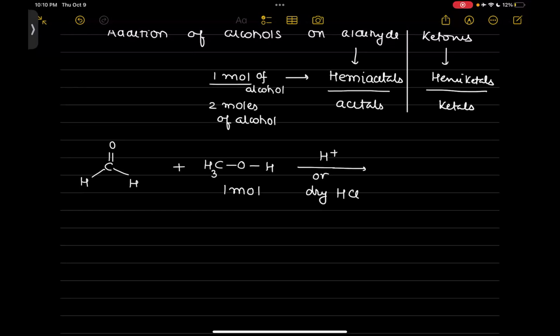So O is always minus and C is plus because oxygen is more electronegative, that we have seen. In alcohol, it is H plus and O minus, because oxygen is more electronegative than hydrogen. Is it clear or not?